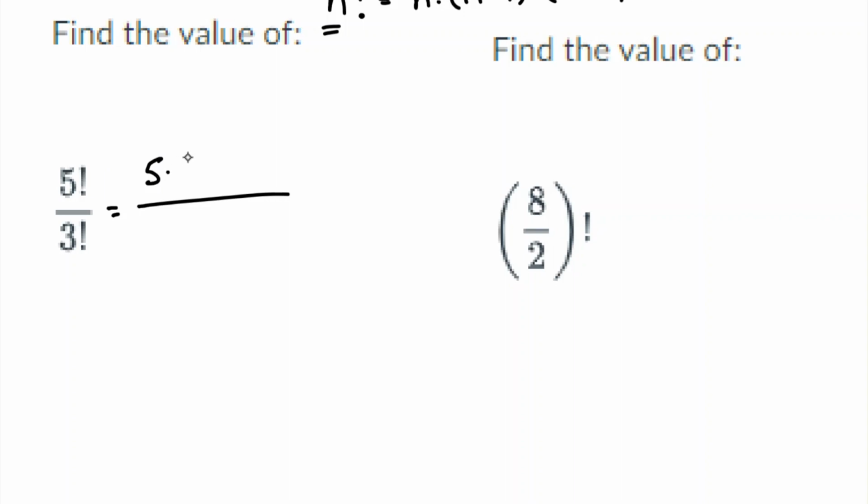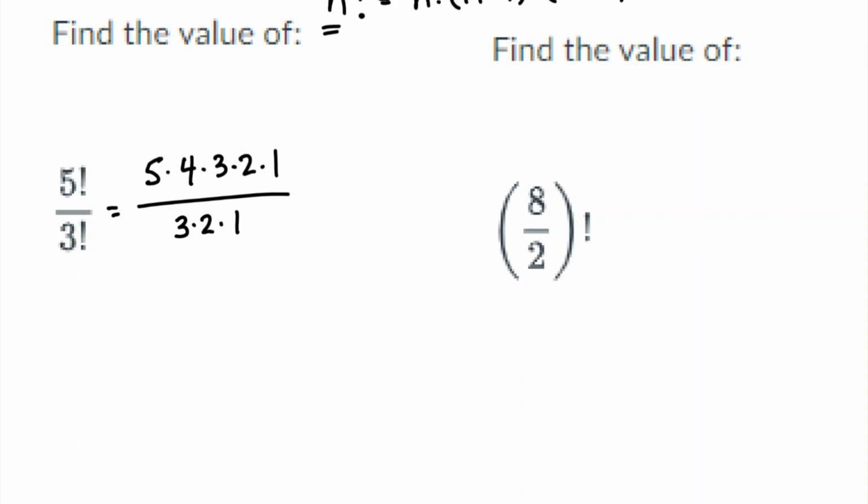So 5 times 4 times 3 times 2 times 1. Okay, that's good for 5 factorial. Then we do the bottom. 3 factorial. Remember, factorial is the name for this exclamation mark in math. Start at the 3, multiply through the previous integers till you get to 1.